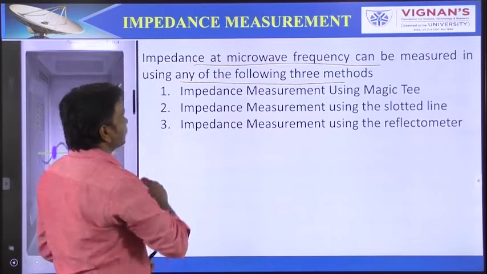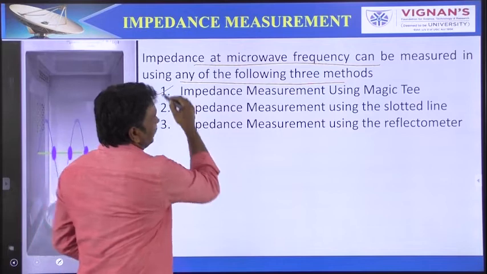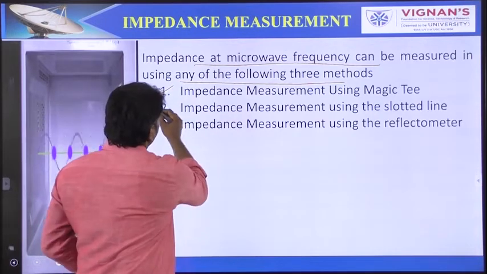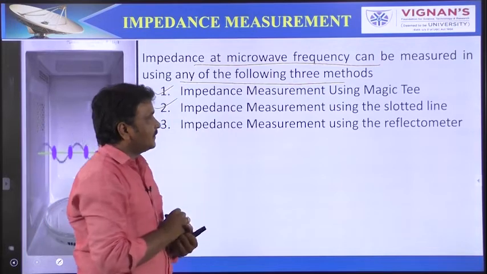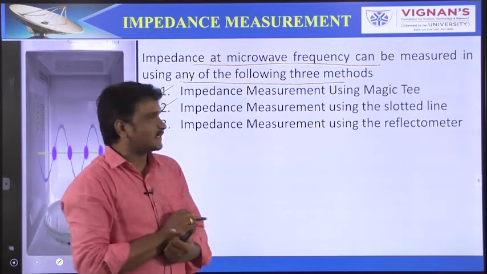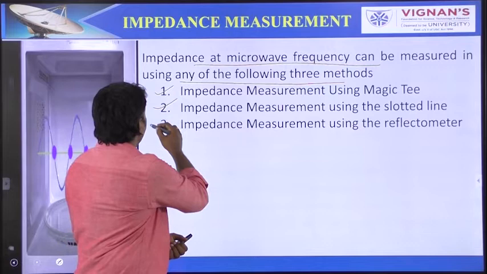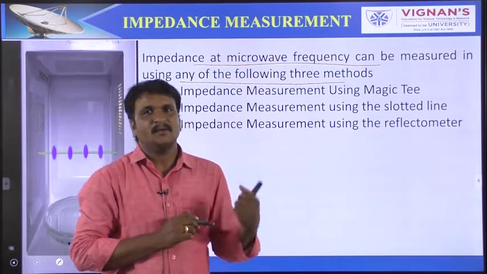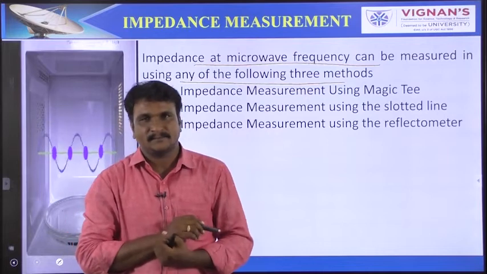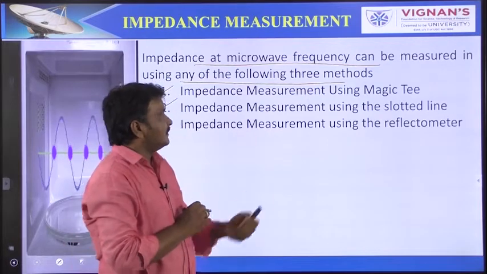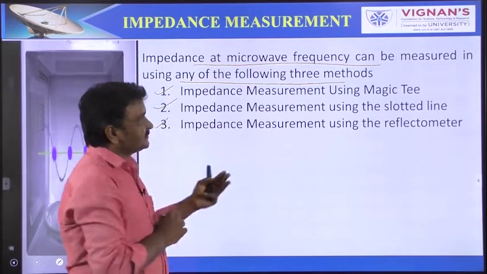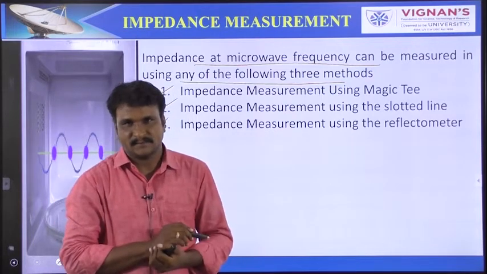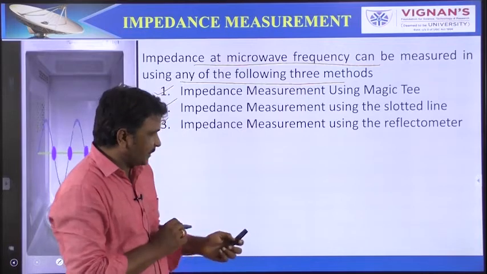The first one is impedance measurement using magic T, the second one is impedance measurement using the slotted section, and the third one is impedance measurement using reflectometer. These are the three methods which we follow to measure the unknown impedance. Let us see one by one.